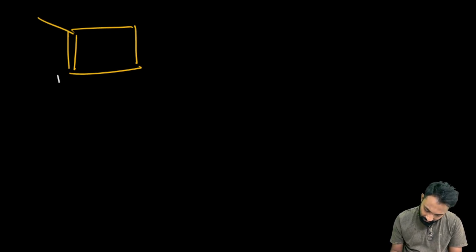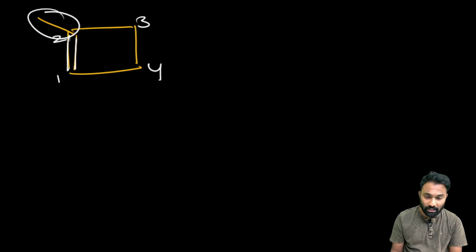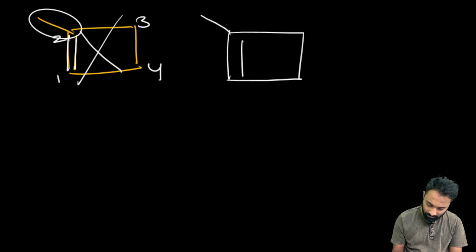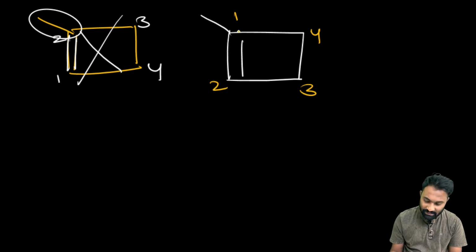We may think the numbering should start from here, but if you start from here, the double bond is getting the least number but the substituent is getting 2, right? So this numbering is wrong. Then the numbering for this compound will be in this manner. Why? The double bond is getting 1 and 2 and the substituent is getting the least number. So the naming of this compound will be 1-methyl.